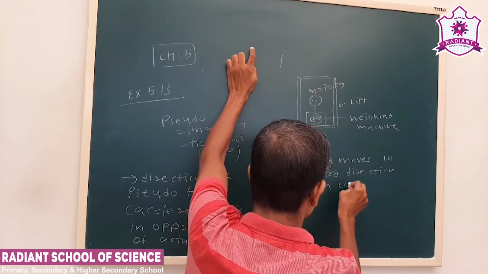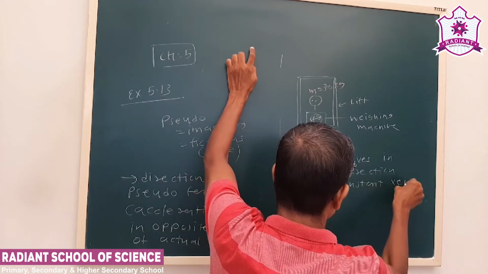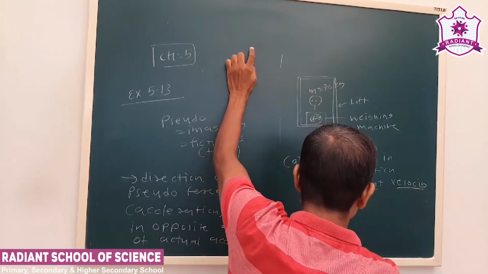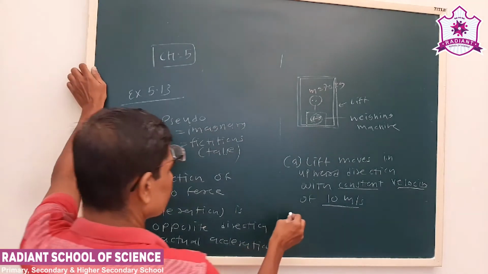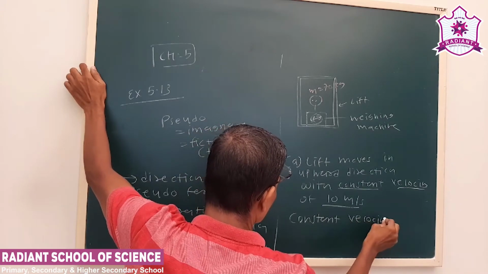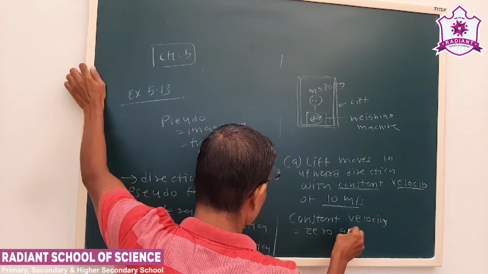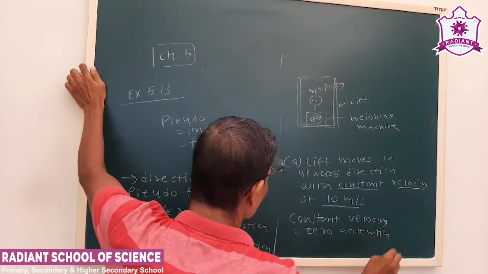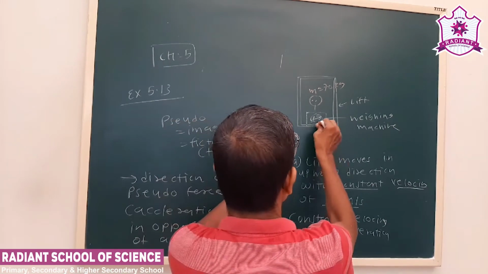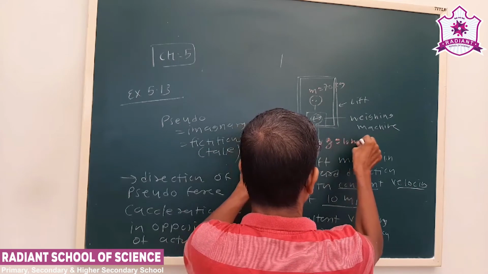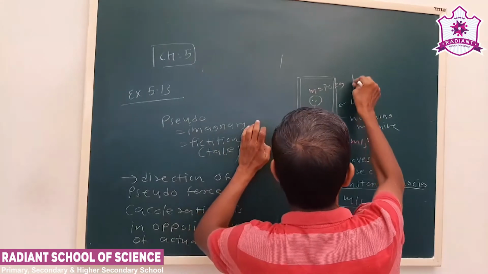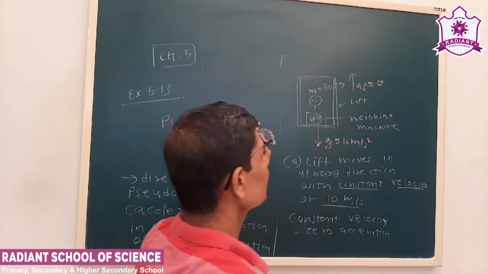with constant velocity. See, here is a constant velocity, so there is zero acceleration. The gravitational acceleration g is always there, but here the motion is at constant velocity, so our pseudo acceleration AP is 0.